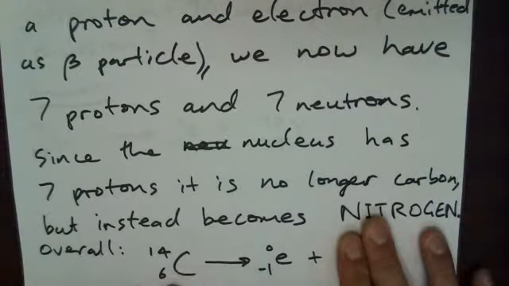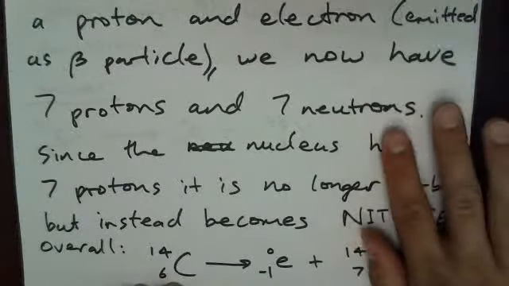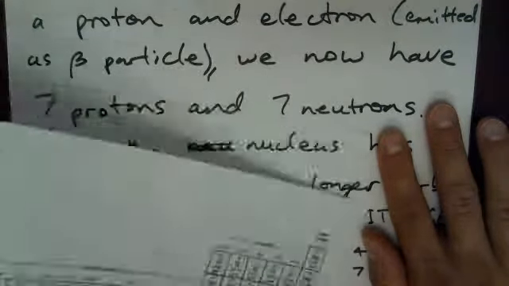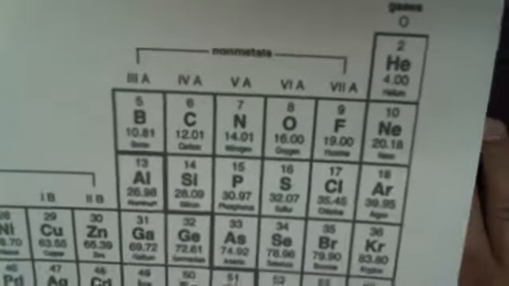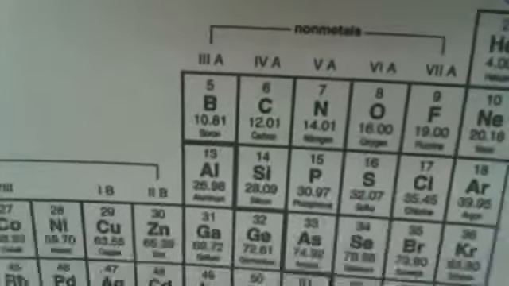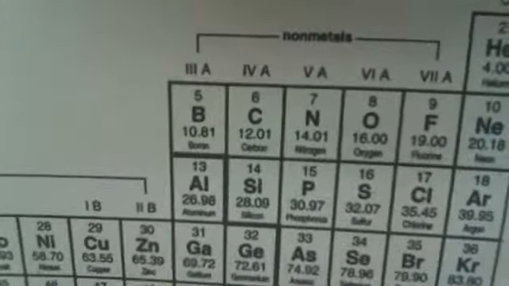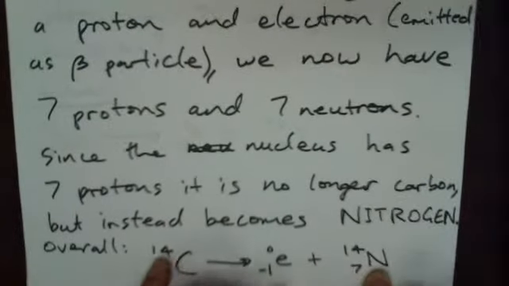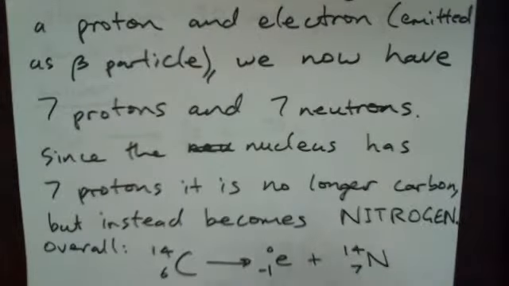And so I know that my atomic number must increase from 6 up to 7. Then I go to the periodic table and have a look at what the seventh atom in that periodic table is, and that happens to be nitrogen. So then I would write my nitrogen. And as I said before, the mass is always conserved in beta emission.